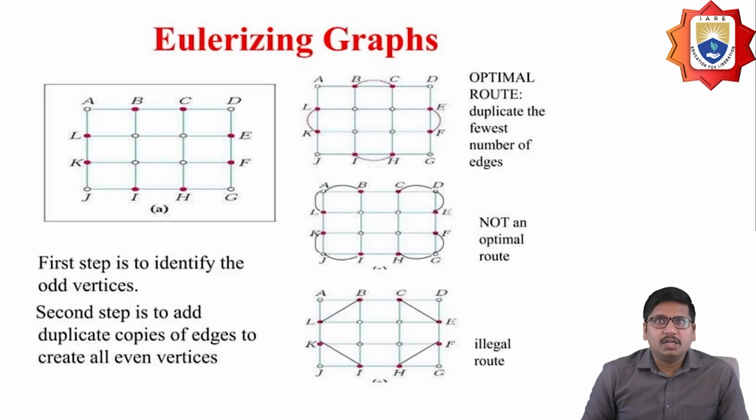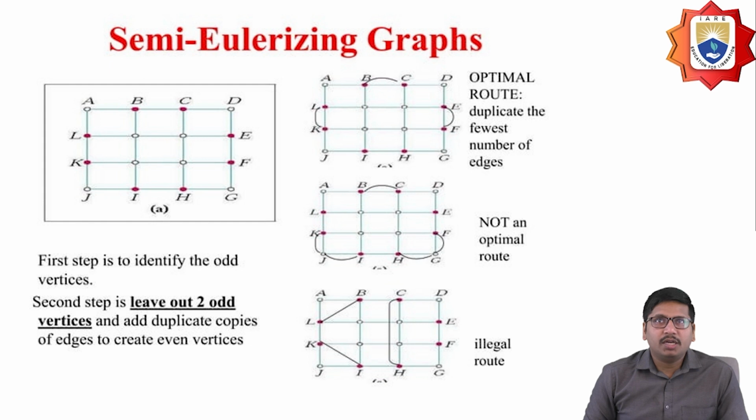So regularizing graphs. These are the different ways of regularizing graphs. First, we identify the odd vertices, and then second, we add duplicate copies of the edges to create even vertices.